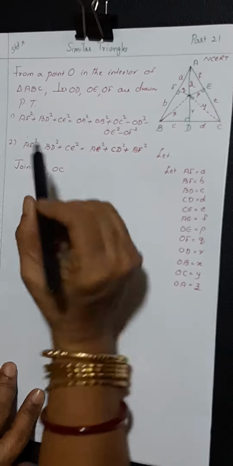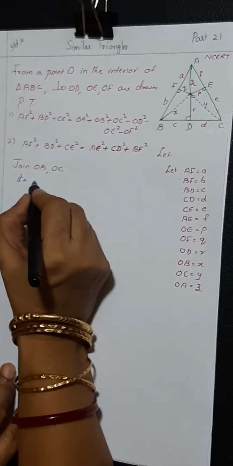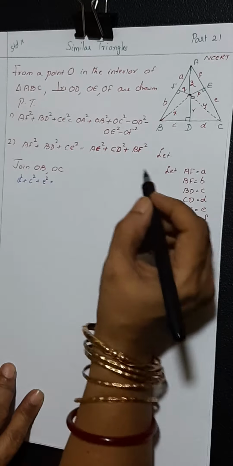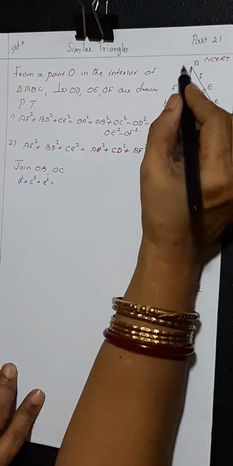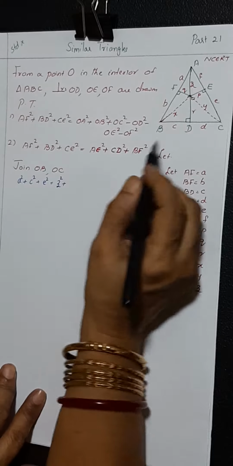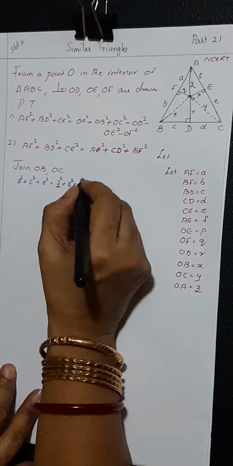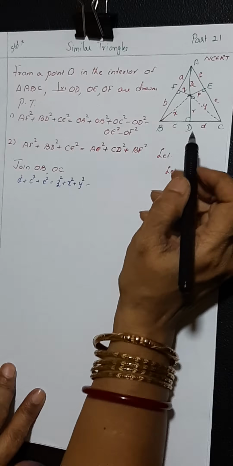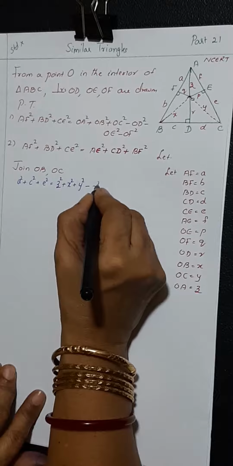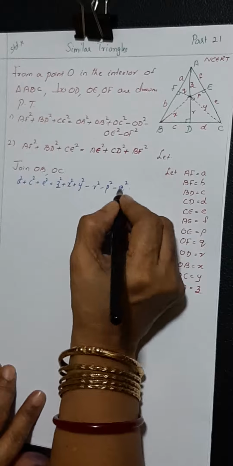So, you have to prove AF squared plus BD squared plus CE squared is equal to OA squared, that is z squared, plus OB squared, that is x squared, plus y squared, minus OD squared, that is r squared, minus p squared minus q squared.